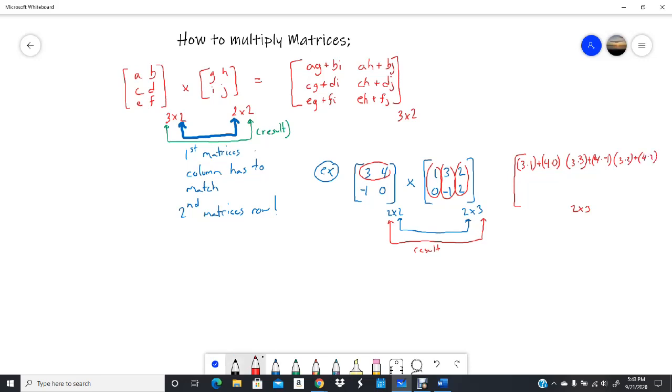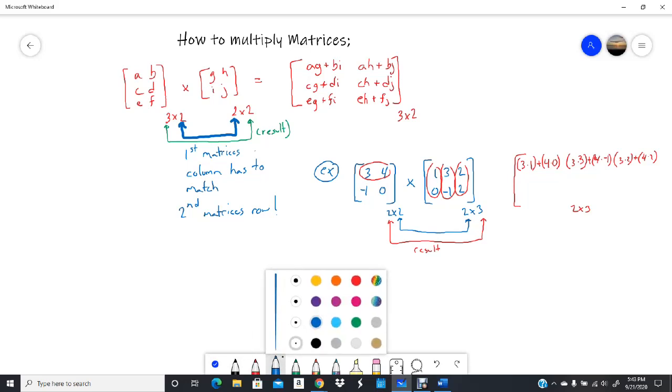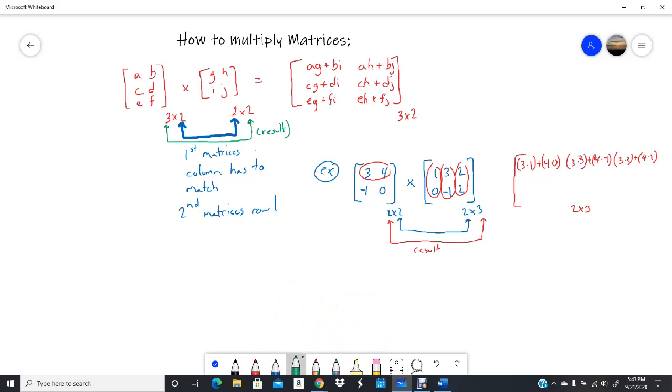Then we move on to the second row. Let's change the color. We're going to take the second row, going through the same process with the first column, the second column, the third column.